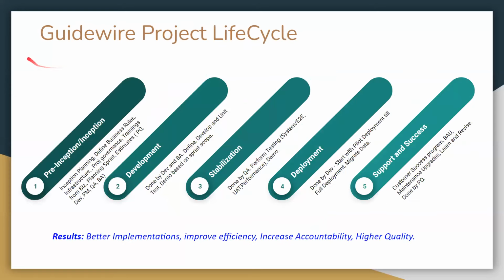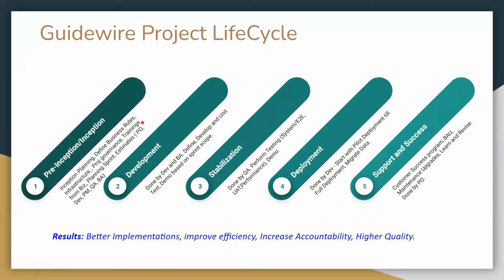Okay. This is similar to the SDLC process: the Guidewire project life cycle. Every Guidewire project starts with the pre-inception and inception process. In this process, usually the inception planning is done, business rules are defined, along with infrastructure related things and project governance.